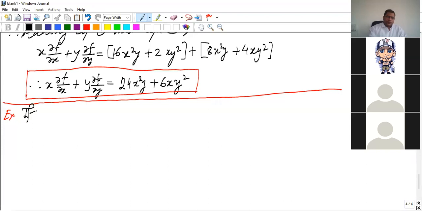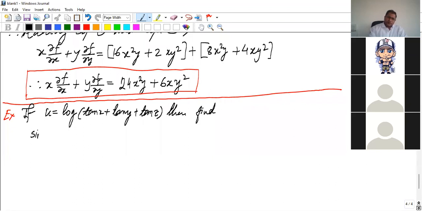If u is equal to log of tan x plus tan y plus tan z, then find sine of 2x del u by del x plus sine of 2y del u by del y plus sine of 2z del u by del z.